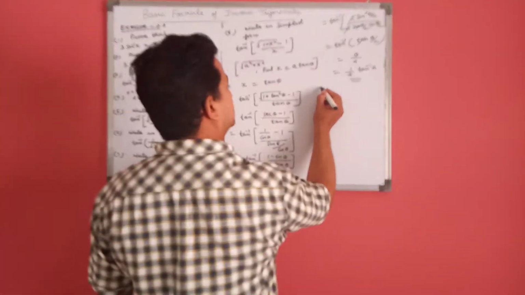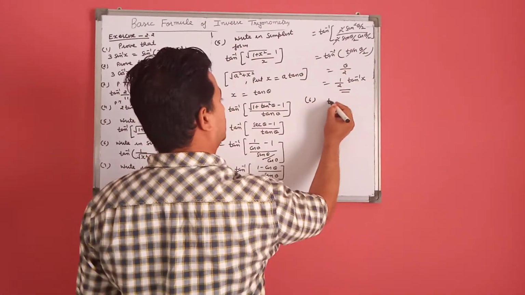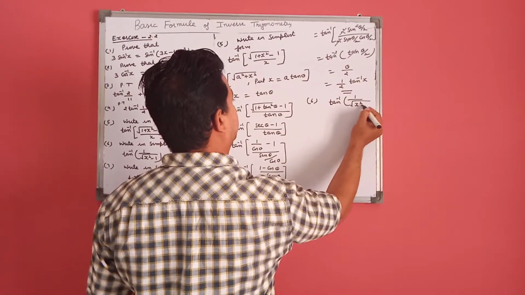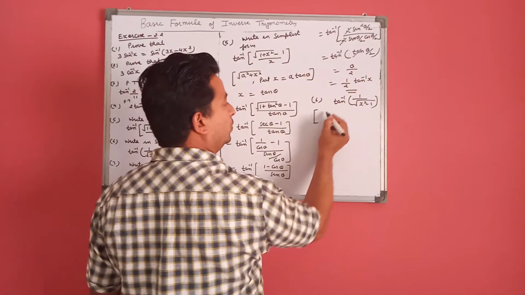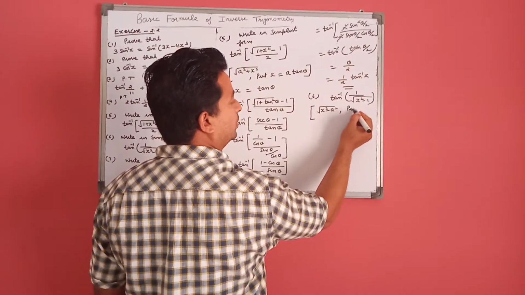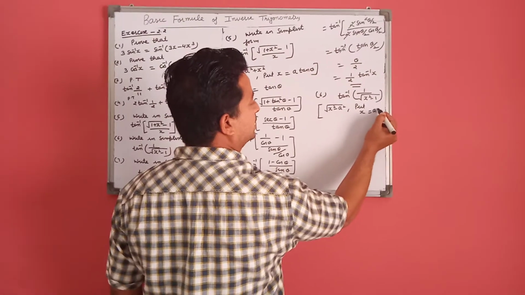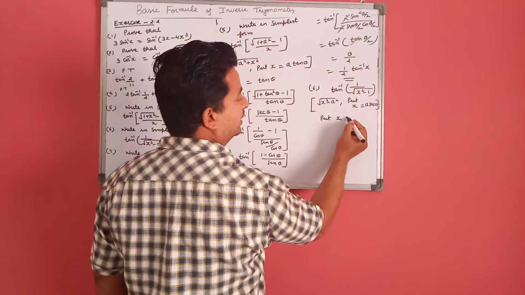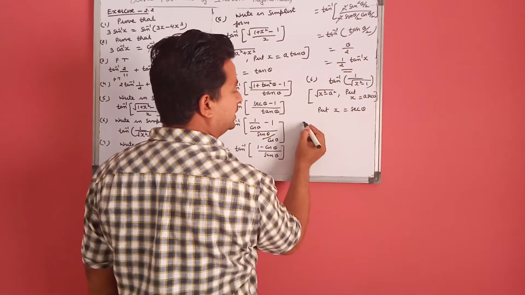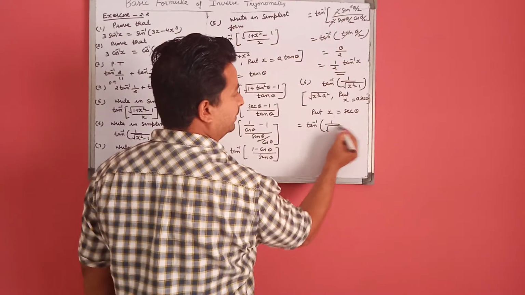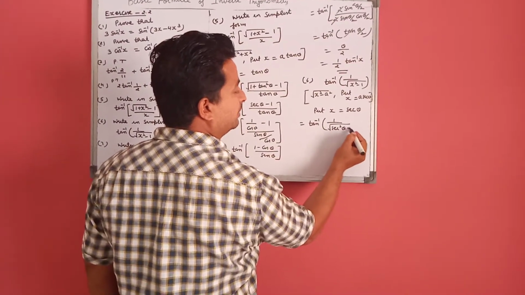In question number 6, we also write the simplest form of root of x square minus 1. As we know, in x square minus a square, we put x equal to a secant theta. So in this question, a is 1, we put x equal to secant theta. Then we get tan inverse of 1 over root of secant square theta minus 1.